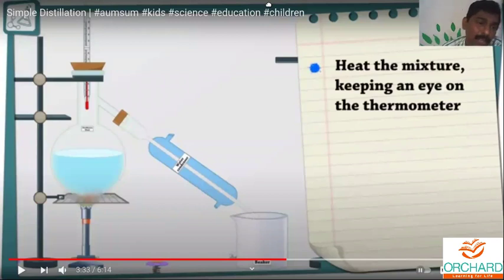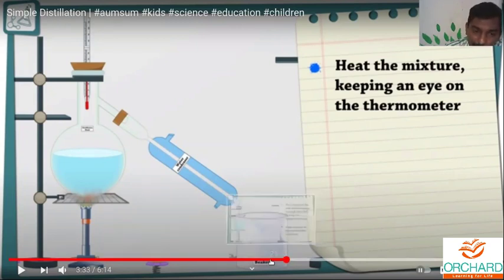Initially, the one with the lesser boiling point, normally acetone, will be converted into vapor, and this vapor enters through this glass tube, and this glass tube conveys the vapor through this condenser. Being chilled outside, the entire vapor is getting condensed and becomes a liquid, and it is collected in the beaker. You can separate acetone through this separation. What is left in the distillation flask is only water.